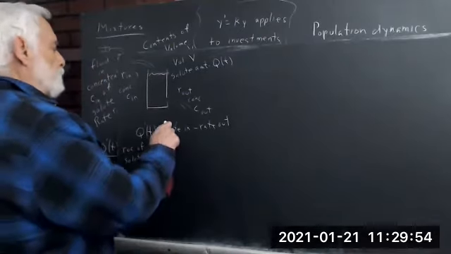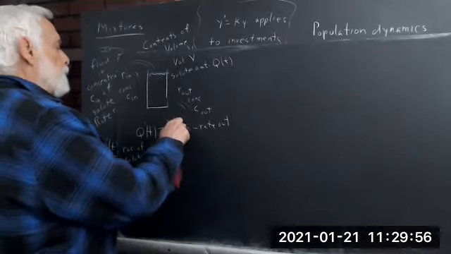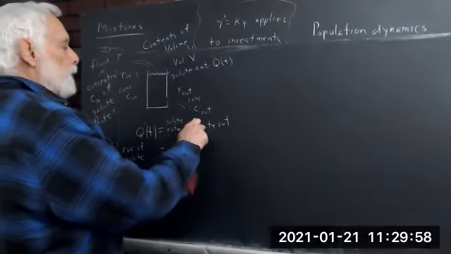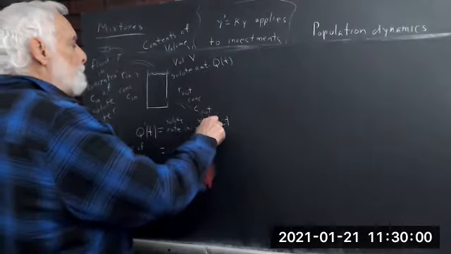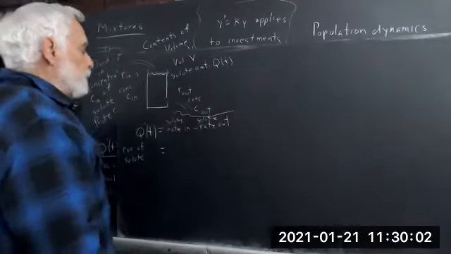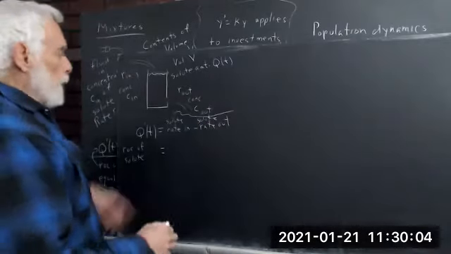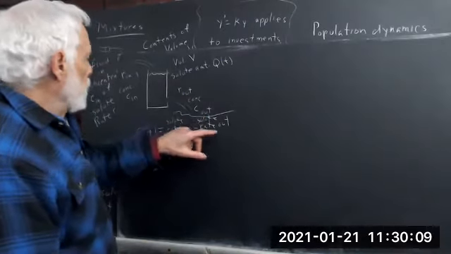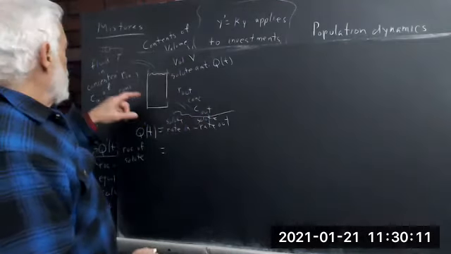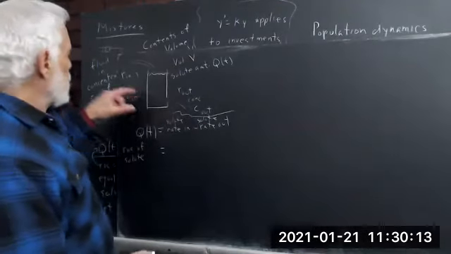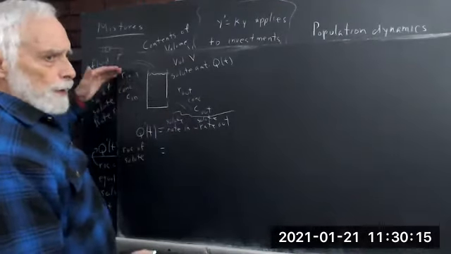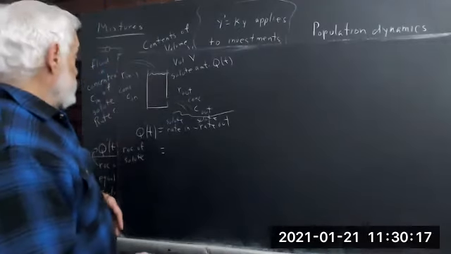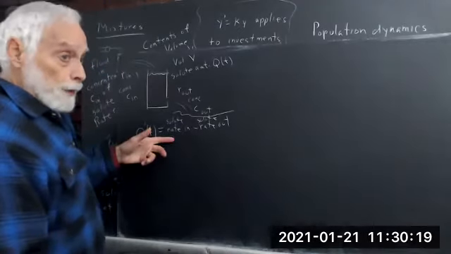So let's put solute rate in minus solute rate out. Be clear that we're distinguishing the rate at which solute comes in from the rate at which solute goes out. And that's not R in or R out, because R in is the amount of fluid going in. Okay, how much solute is there going in?